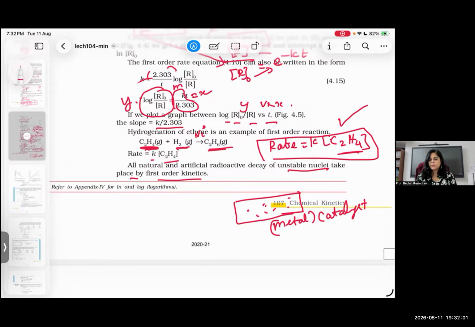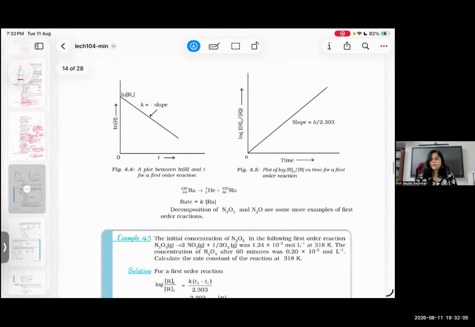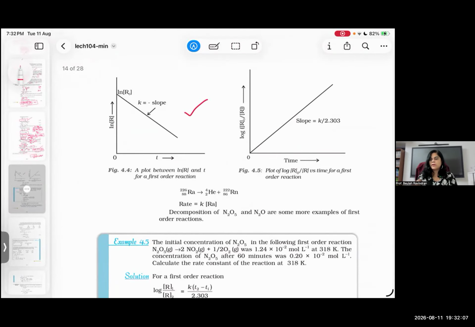Okay, take down this and we'll see the graph. We already saw what the slope is and everything. If you see this graph of ln of the concentration of the reactant with time, then the slope will be negative. ln of R naught is the y-intercept.